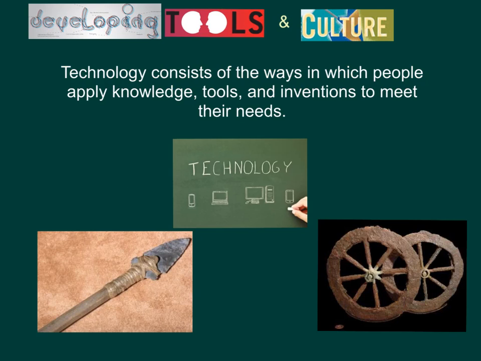Now, of course, technology back then would have consisted of making a weapon, like you see right here. A weapon that could be used as a tool to help them hunt or gather food. The wheel is technology because it's helping them meet their needs. So this is all technology back in prehistoric days.